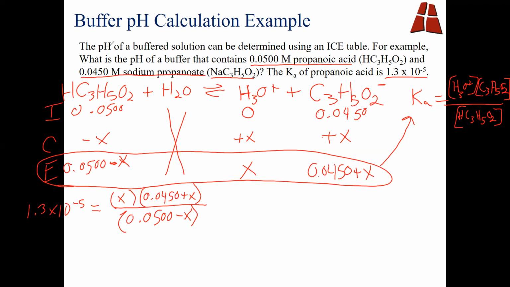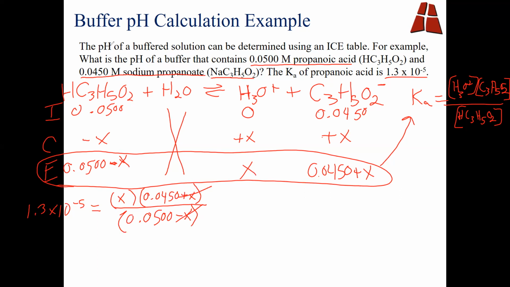So we've introduced another variable here, but the good news is that we can still use our x is small approximation. So we can actually use it here and here. So anytime we have a plus or a minus x, we can still use our x is small approximation.